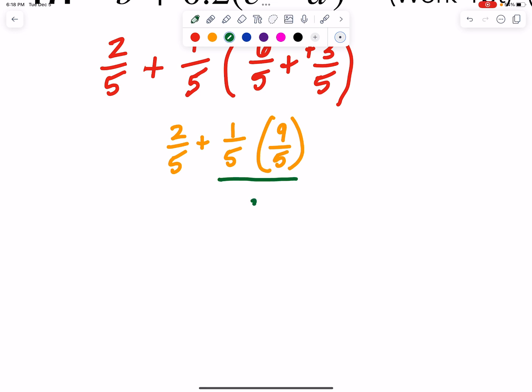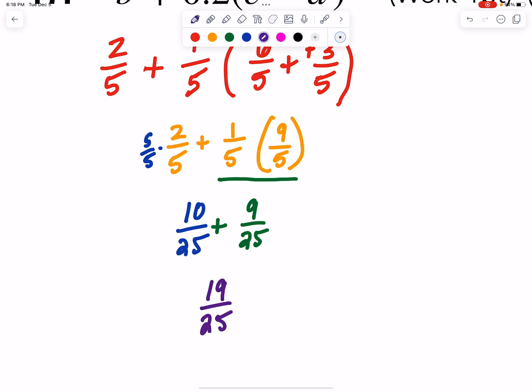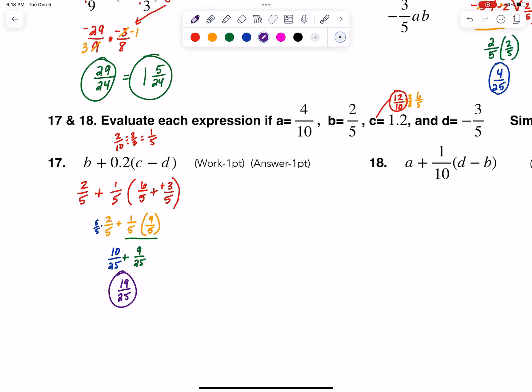No, so we end up with 9/25 plus the 2/5, but that's not a common denominator, so I'm going to change that real quick and multiply by 5/5, and I get 10/25, and now we can add it all together. And we end up with 19/25 as a final answer. Okay, so there's that one.